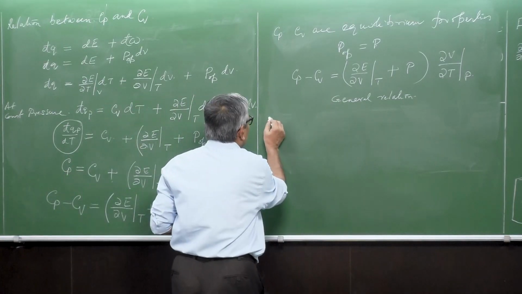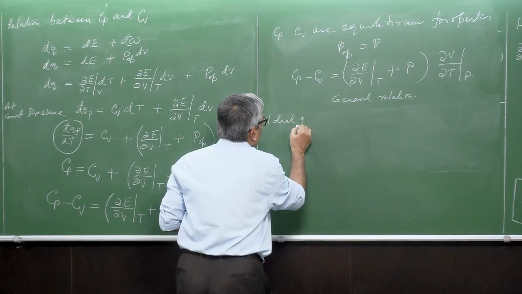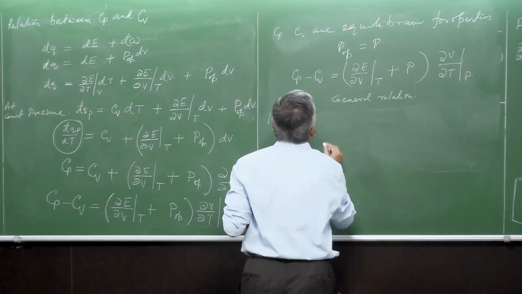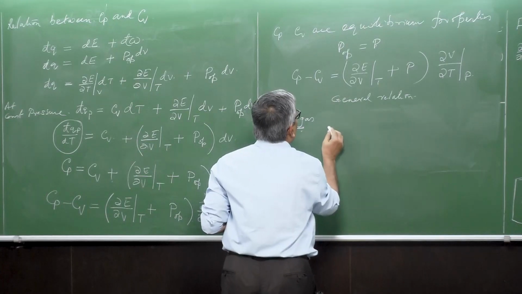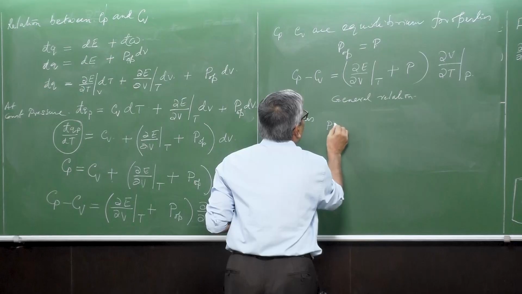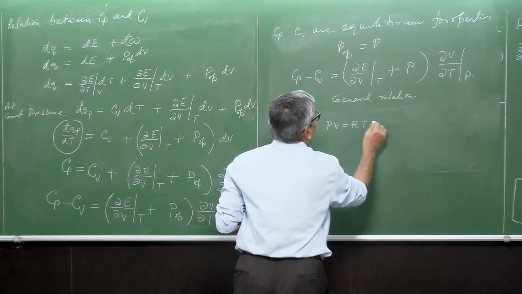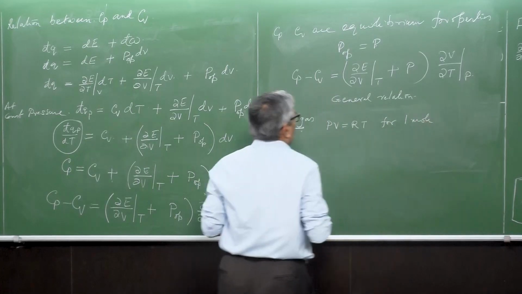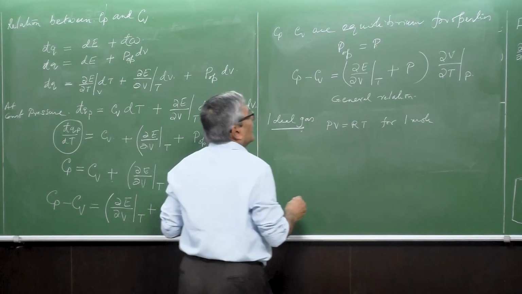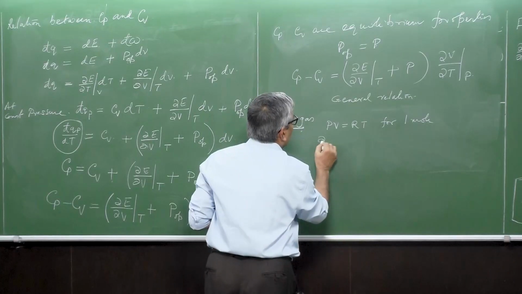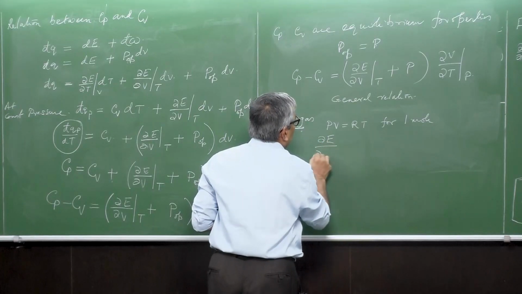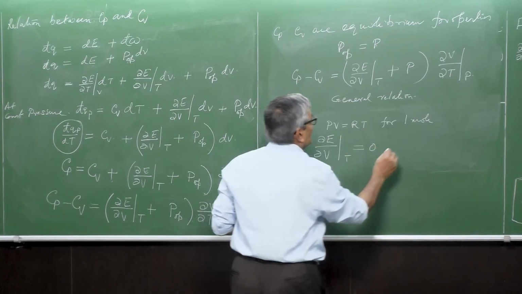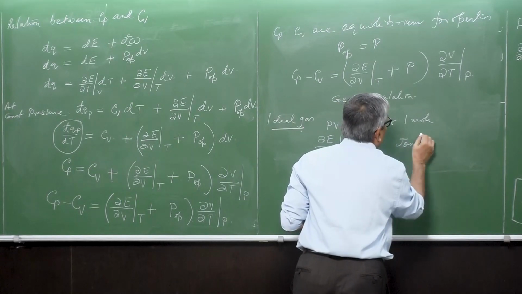For an ideal gas, PV equals RT for 1 mole, and (del E/del V) at constant temperature equals 0 because of Joule's experiment.